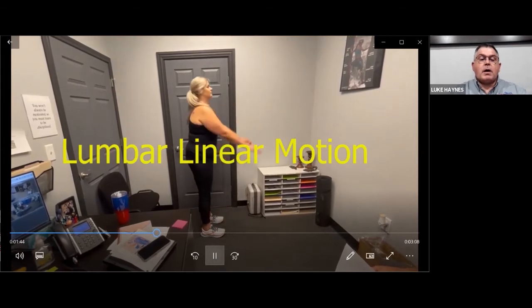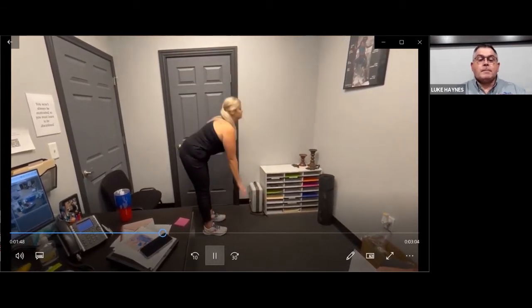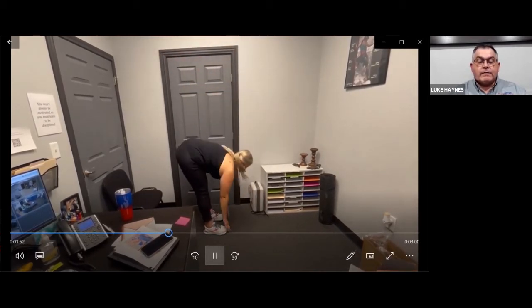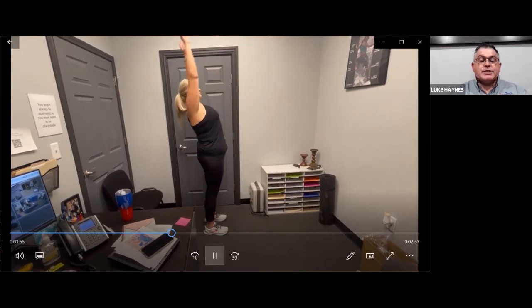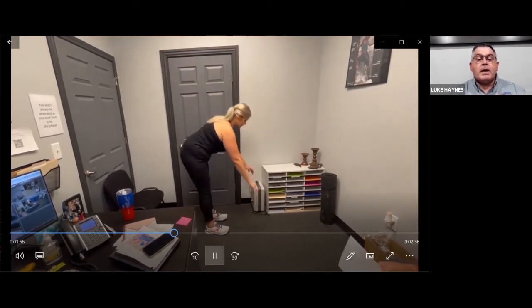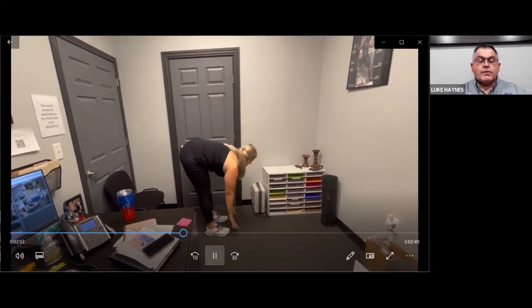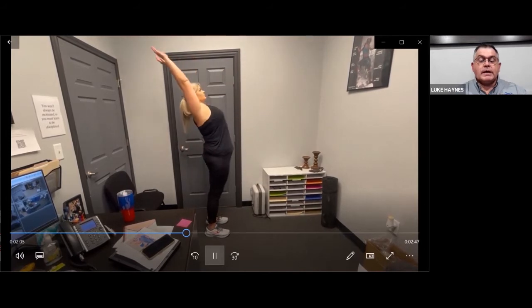Here we're going to look at our lumbar linear motion. Obviously, the hip can come into play here. And so looking at it from a side-to-side position for assessing the hip, you may actually want to compare this also from the front or the back to look at what may be happening at the hip joint itself.